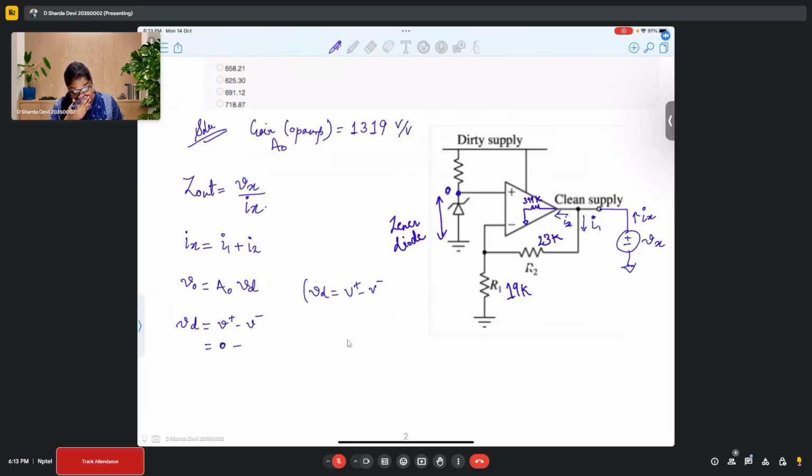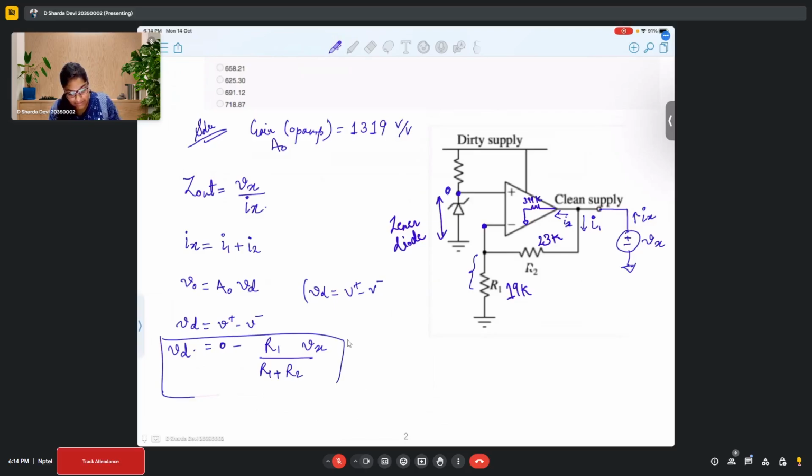So V minus is the voltage at this particular node. So that is basically the voltage across this R1 resistor. So how do we write this voltage? R1 upon R1 plus R2 into Vx. This is Vd, correct?